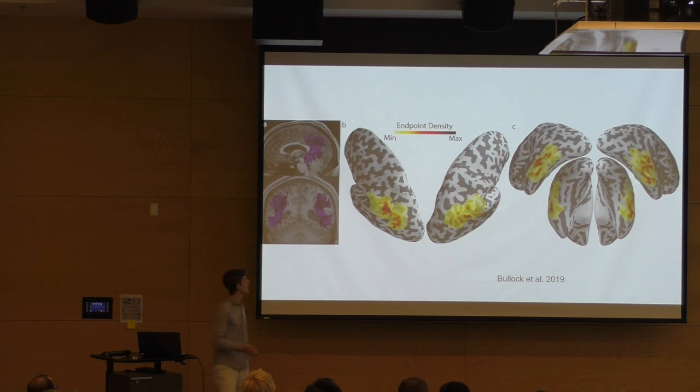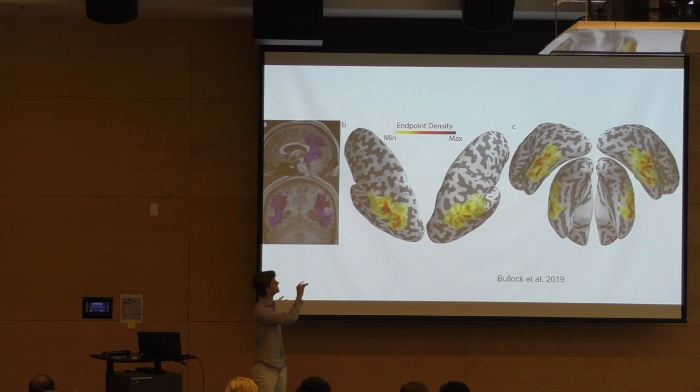Well, as we're beginning to clarify various properties of white matter, one thing we can look at is the termination regions that are associated with those white matter tracts, so the various cortical areas that those tracts are terminating in.